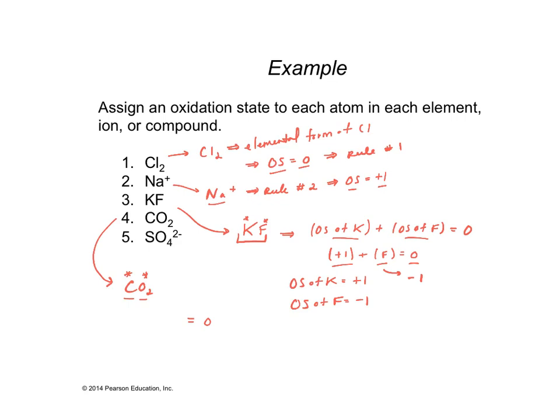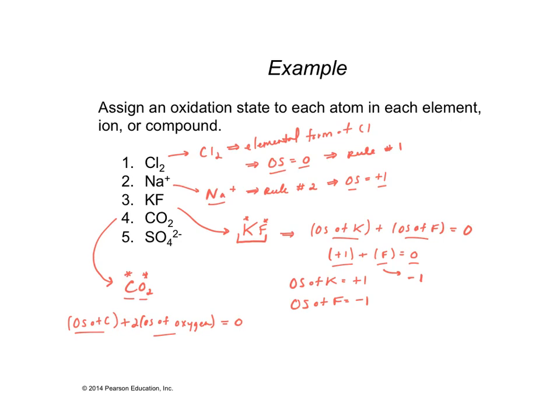We've got a carbon, so we're going to have an oxidation state of carbon, plus we've got 2 oxygens. We have 2 times the oxidation state of oxygen. I've run out of room here. So the oxidation state of carbon plus 2 times the oxidation state of oxygen is going to equal 0, because again we have a neutral molecule.